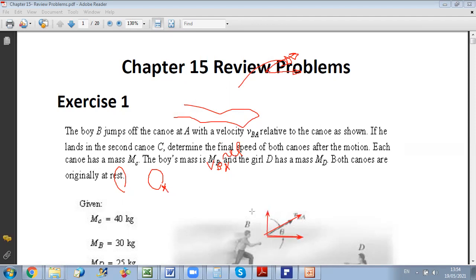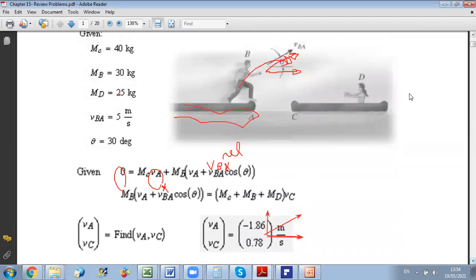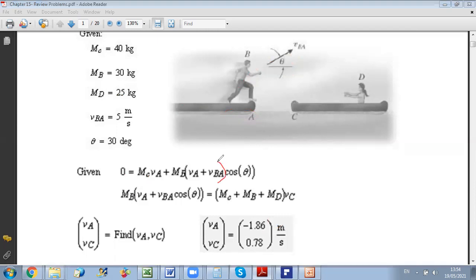Now the Y component will help him make the jump, so that he can go to the other boat. Okay, so in this relation the only unknown is VA, because the relative velocity is given and the angle theta is 30 degrees, which is given.